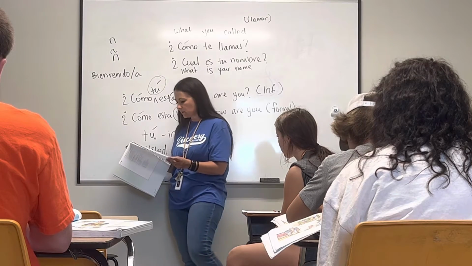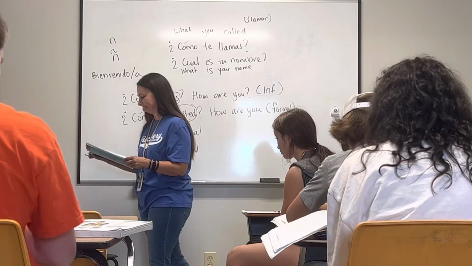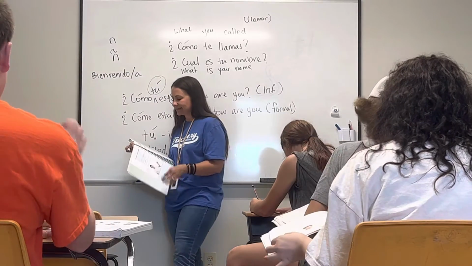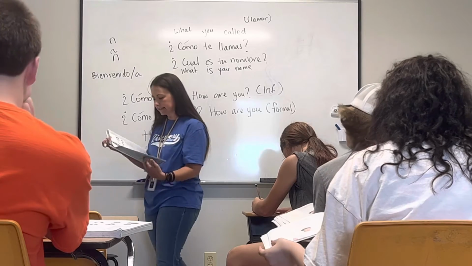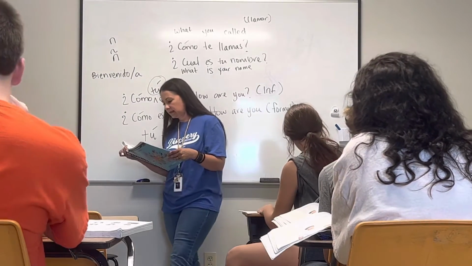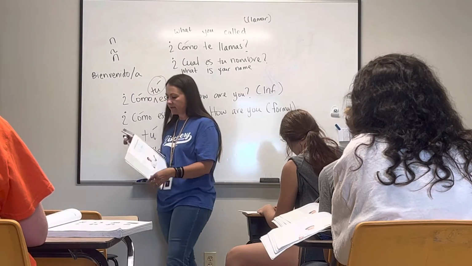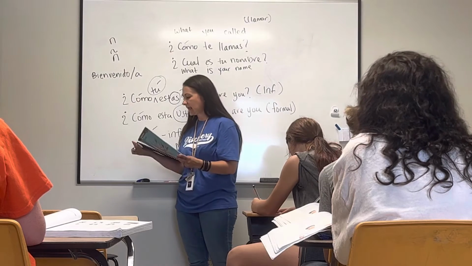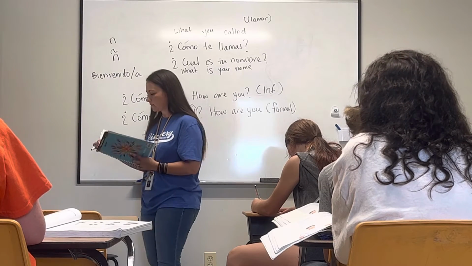All right, the next thing we're going to is page 10. These are just expressions of courtesy, ways to say please, thank you, that kind of thing. All right, so you can see there you have a little list of vocabulary, situation, and the expression that you use.